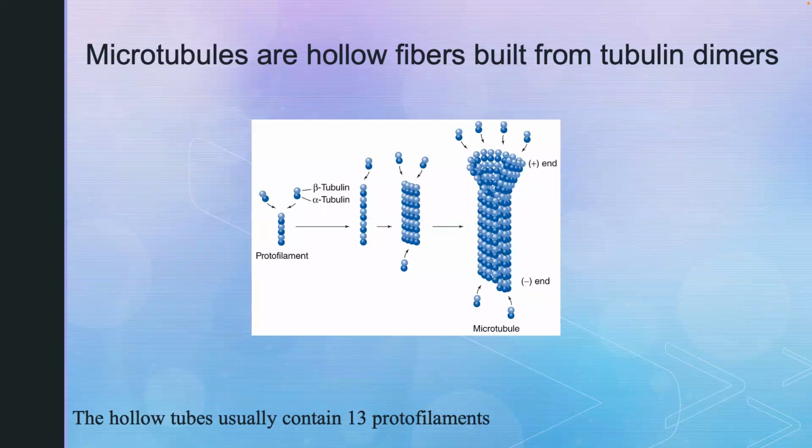Alpha beta dimers of tubulin initially form a linear protofilament, and protofilaments will then associate side by side, and then eventually they will form a tube. Tubulin dimers can add to either end of the microtubule, but growth is again faster on the plus end. Just a note that the hollow tubes usually contain 13 protofilaments.